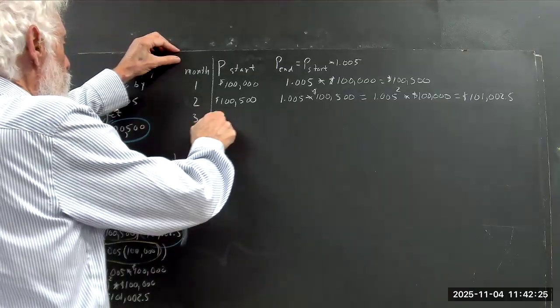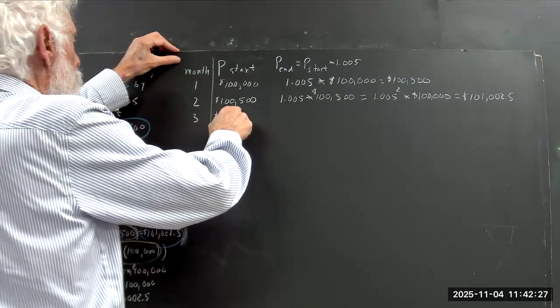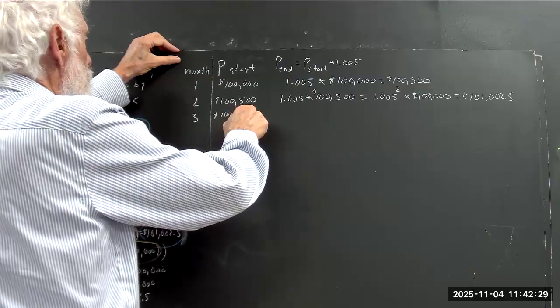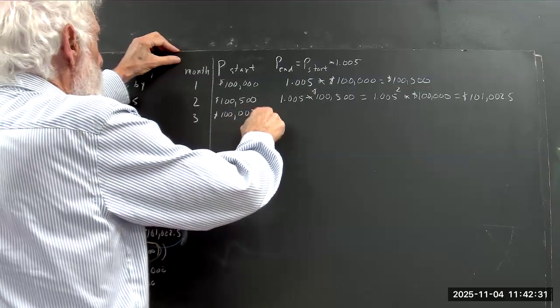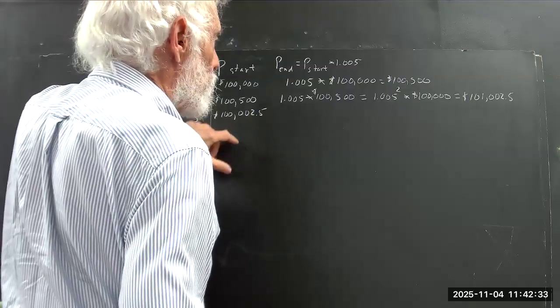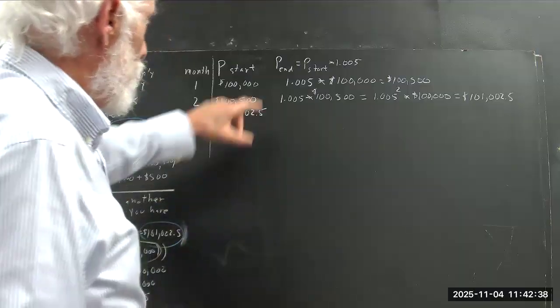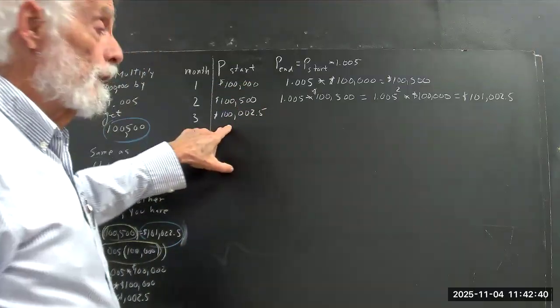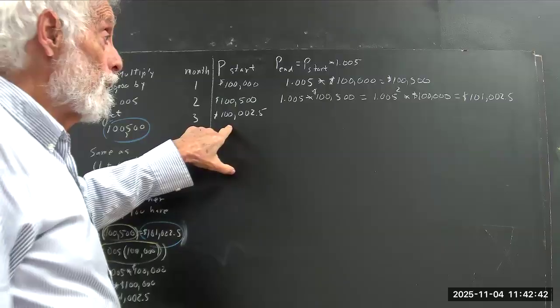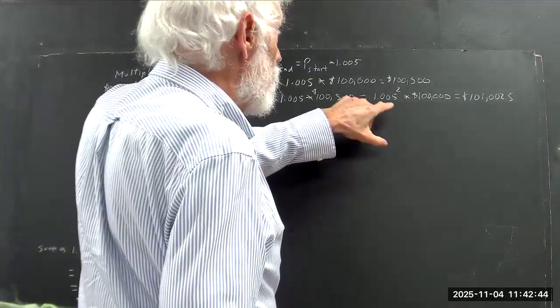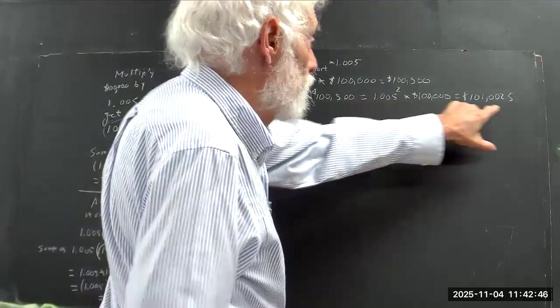So in the third month, you start with this. And I could write out now, at the end, you're going to have 1.005 times this number, right? But you can see that this is equal to this number.